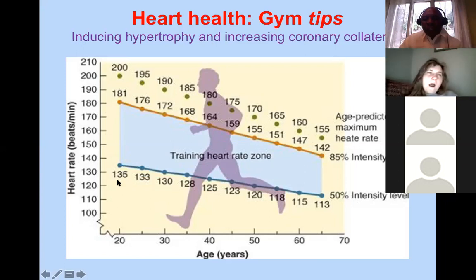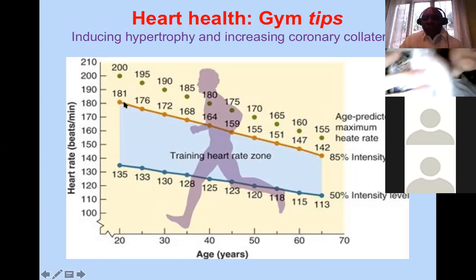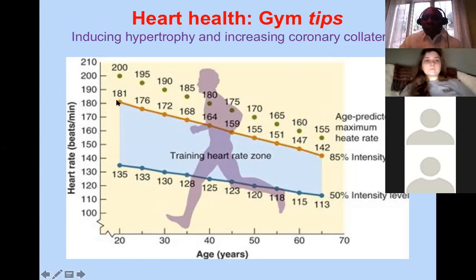So when you're on a treadmill, then the minimum should be 135, okay? And then at 85% intensity, you go to 185. And you should not exceed 200.